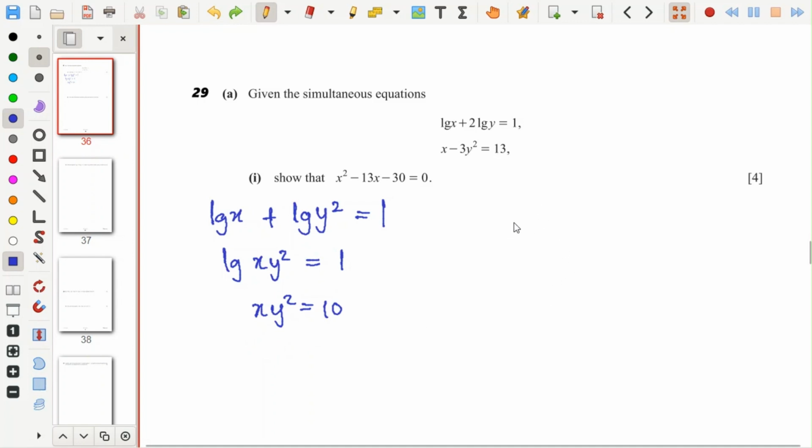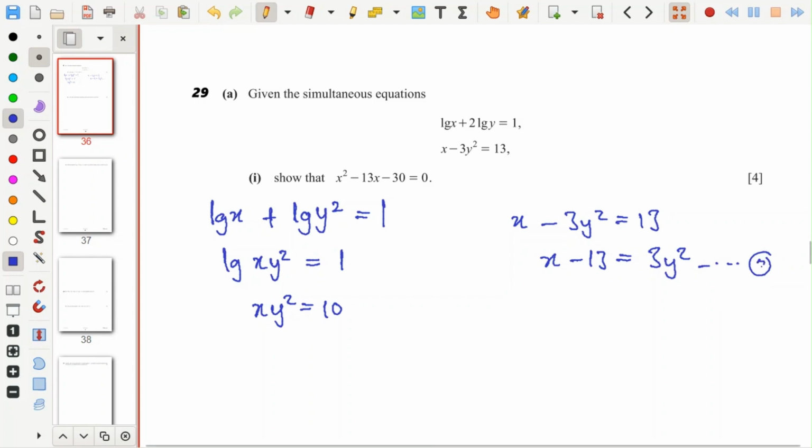And here too we have x minus 3y squared is equal to 13. I can see here that there's no y here. That means they made y the subject. So let me make y the subject here. I want to use 3y squared.